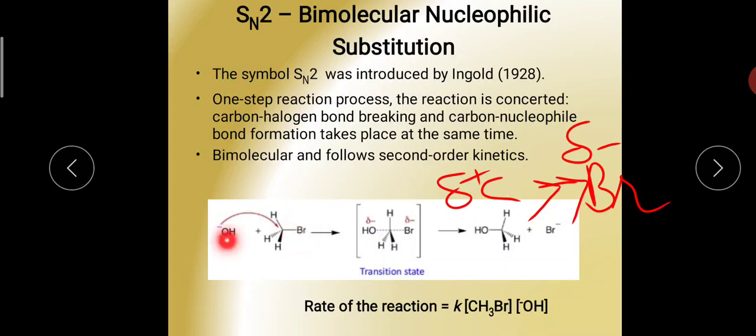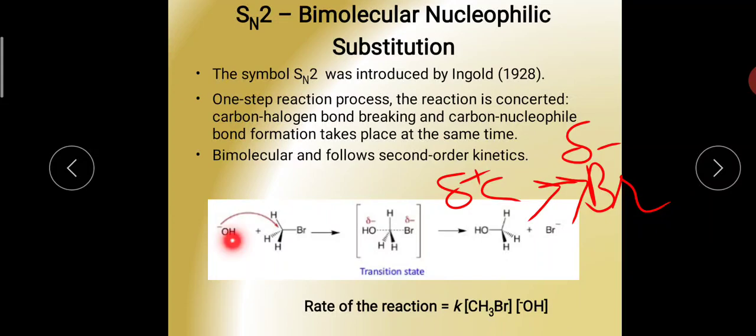As a result, you would see a transition state something like this. In this transition state, you will see that your central carbon is attached to 5 different groups. Over here, the C-OH bond is not completely formed and the C-Br bond is not completely cleaved.